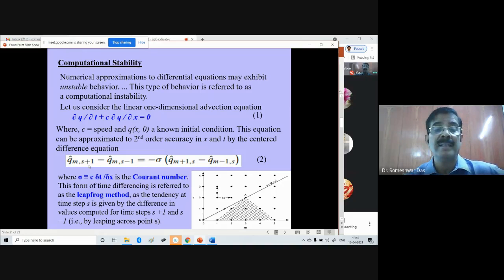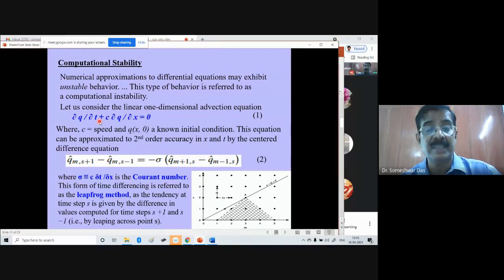In order for the solution of this advection equation to be stable, the Courant number must fulfill a criterion. You should remember this Courant number because it will come up later, not only in this semester but also in the next semester. It is given by c delta t divided by delta x.